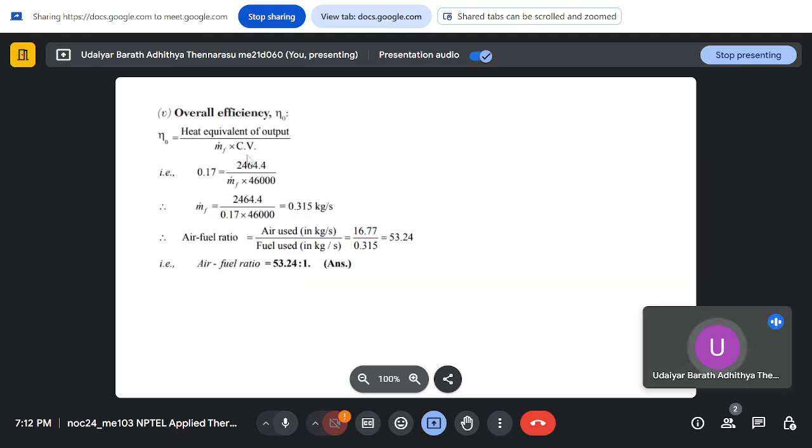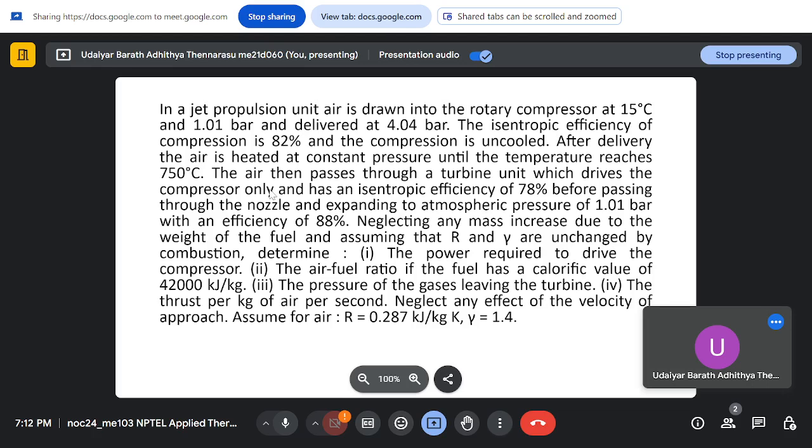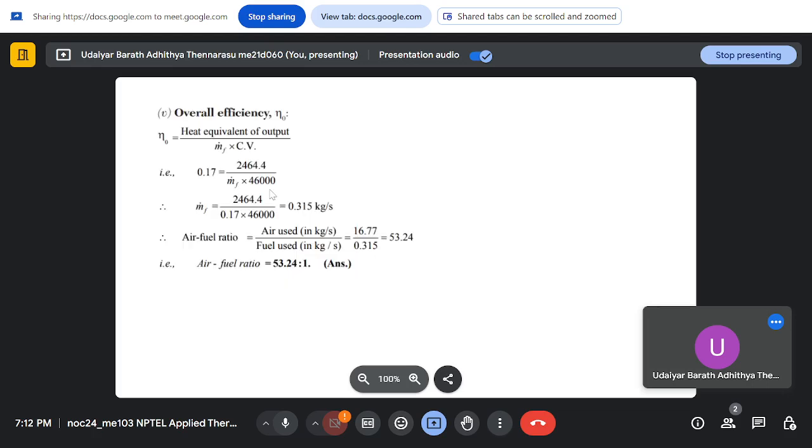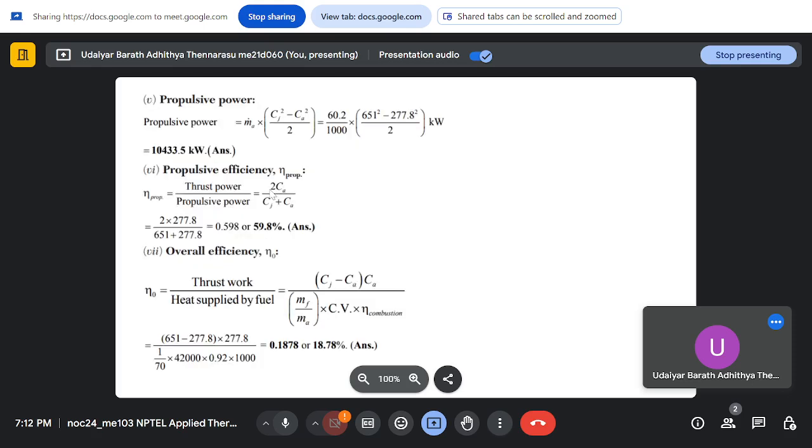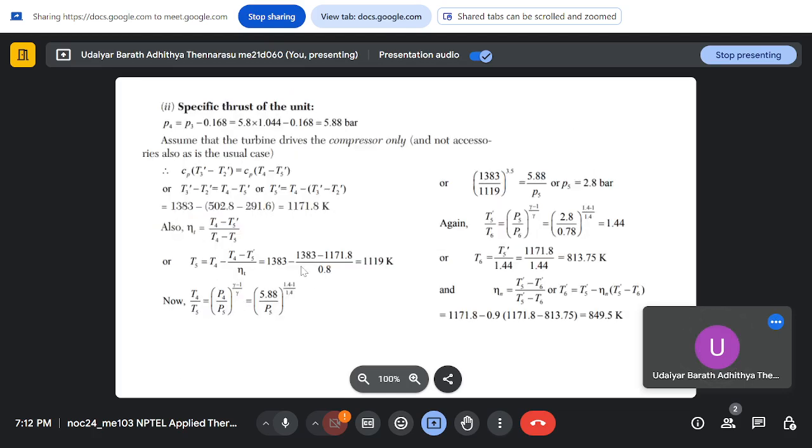Here we need to use the change in kinetic energy. So see, thrust work divided by heat supplied by fuel. So Cj minus Ca into Ca, that's what we have to use.